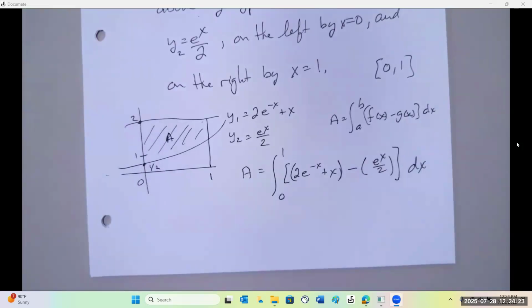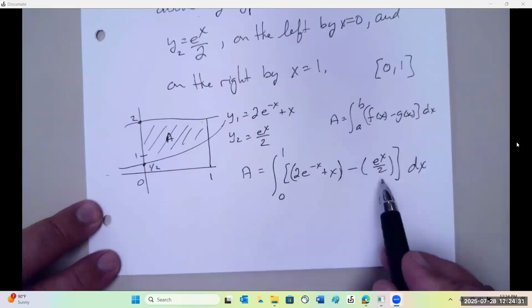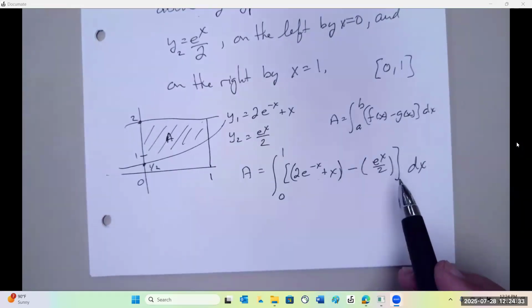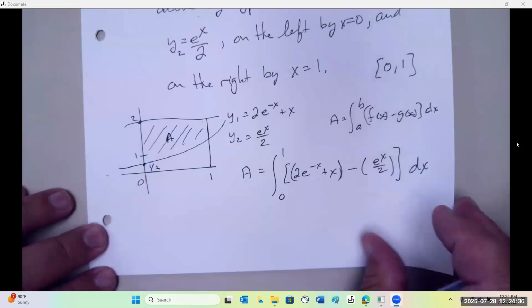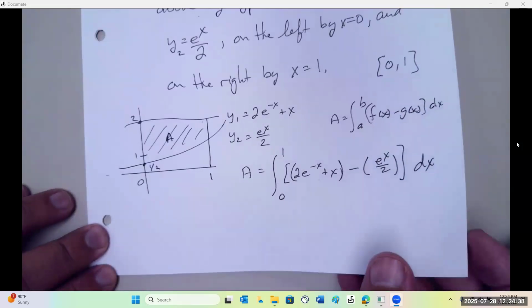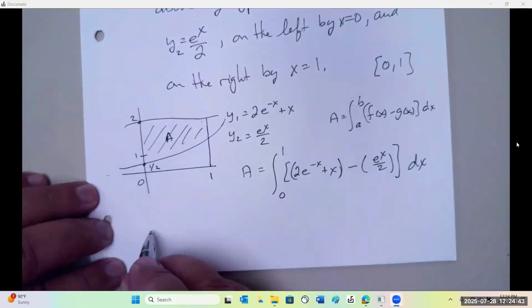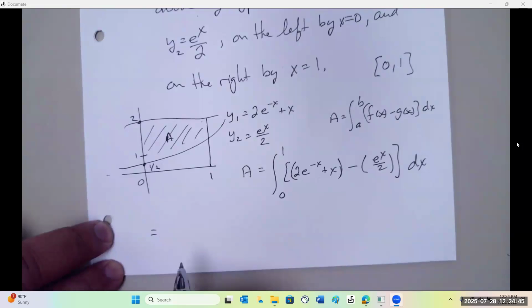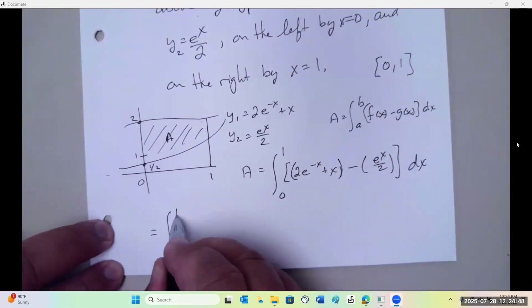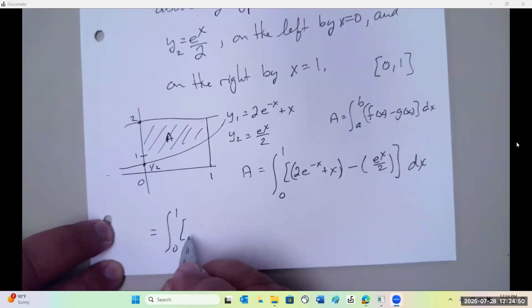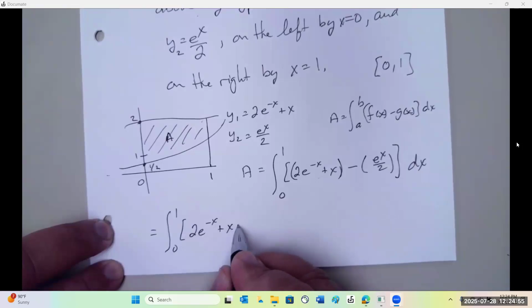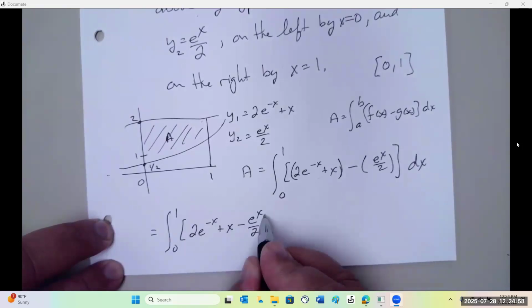Since they're different functions, I put them in parentheses. Do I need the parentheses? No, nothing changes in the first one. And since the second one is simply a monomial, nothing's going to change there except just the sign of e to the x. All right, so what we have here is 2e to the negative x plus x minus e to the x over 2.